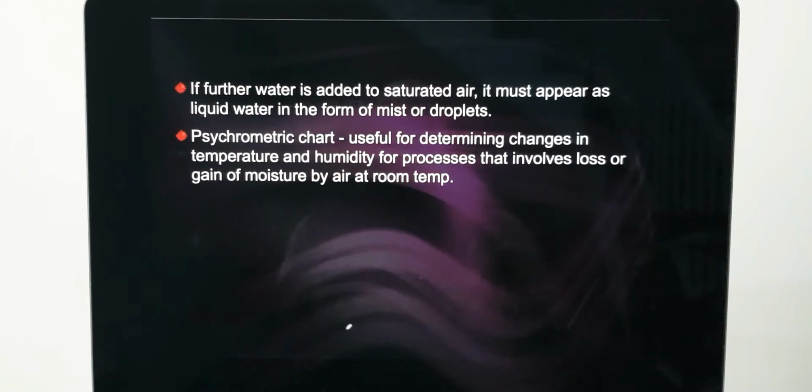And if further water is added to saturated air, it must appear as liquid water in the form of mist or droplets. So the psychrometric chart is useful to determine changes in temperature as well as humidity for processes that involve loss or gain of moisture by air at room temperature.